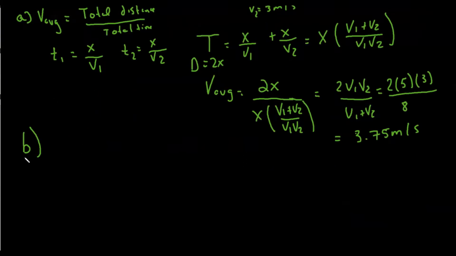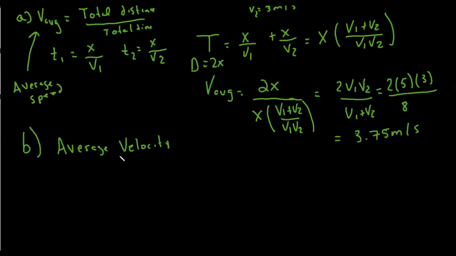Alright, here's where we distinguish between average speed and average velocity. So average velocity, not to be confused, I should have written average speed here. Average velocity is the total displacement.